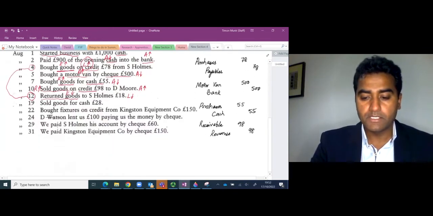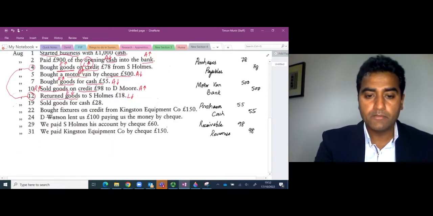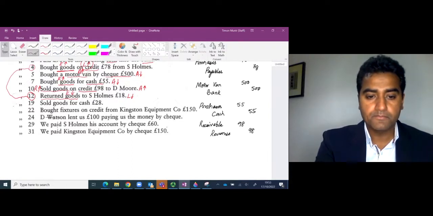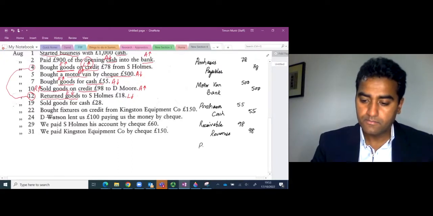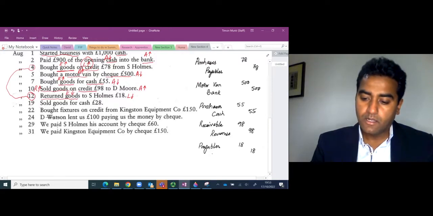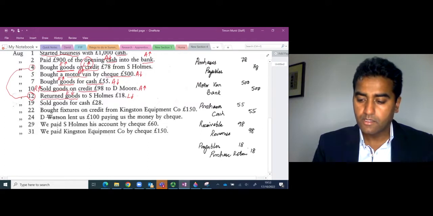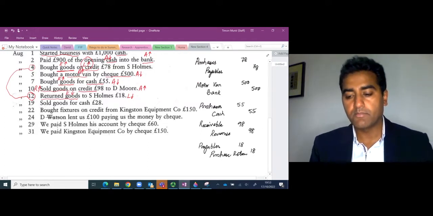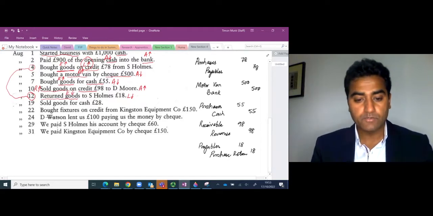Therefore, my double entry will be payables debit by £18 and purchase return will be credit by £18.